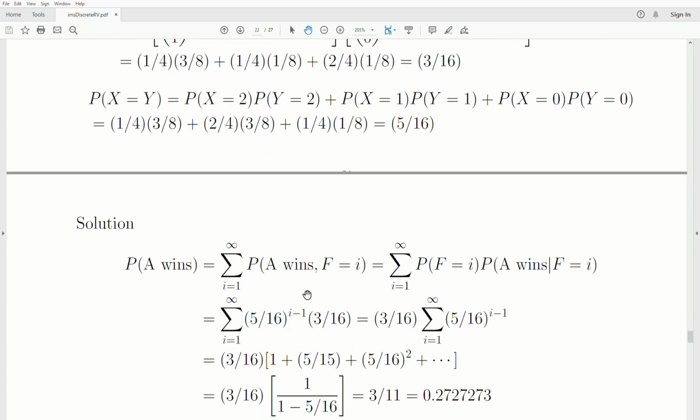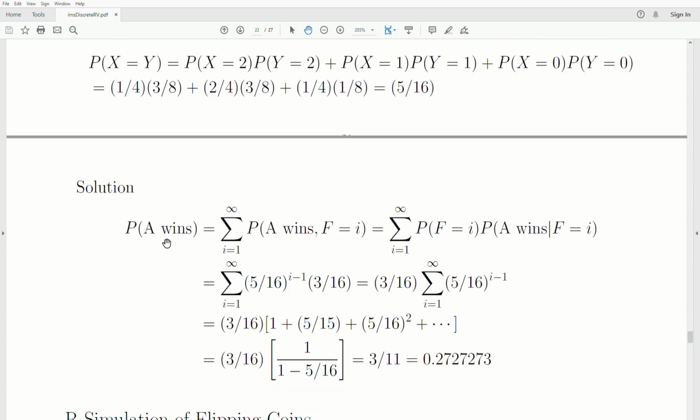So now we can look at the probability that A wins. It's the probability that A wins and he wins on trial 1, plus the probability that A wins and it's on trial 2, plus the probability A wins and it's on trial 3. It's the sum of these individual probabilities for each trial.